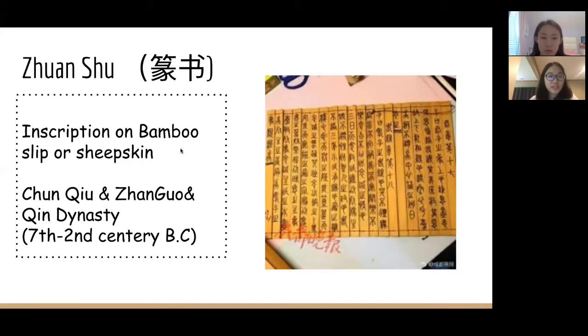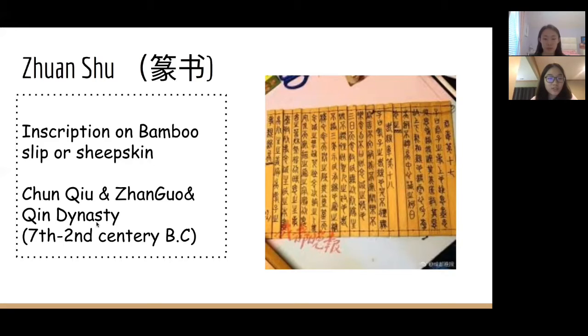After Jin Wen, it comes to Zhuanshu. It's inscription on bamboo slips or sheepskin, and it happened in the Chunqiu, Zhanguo and Qin dynasties. In the Chunqiu and Zhanguo period, there were a lot of strong countries existing together, and Qin was one of them.